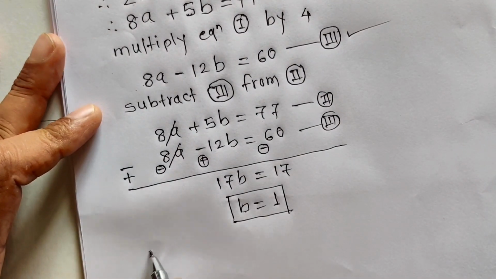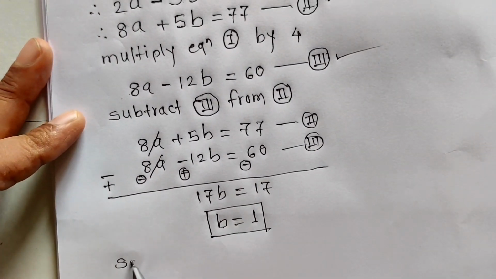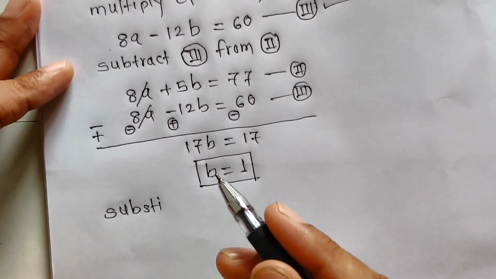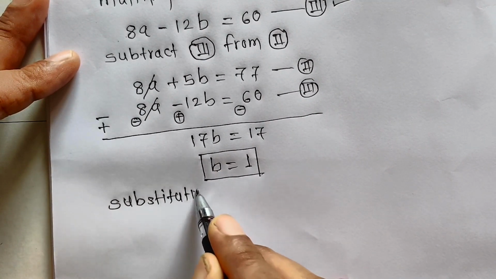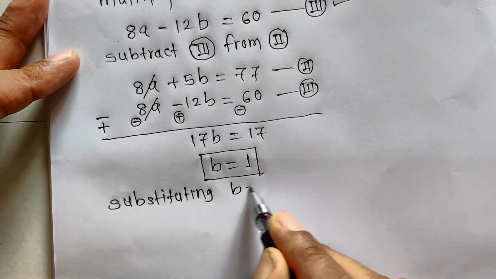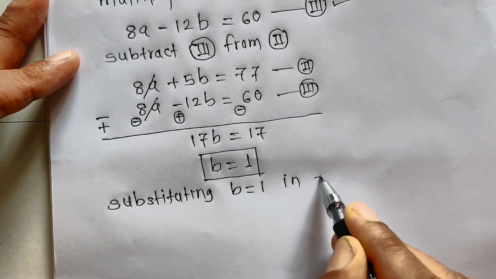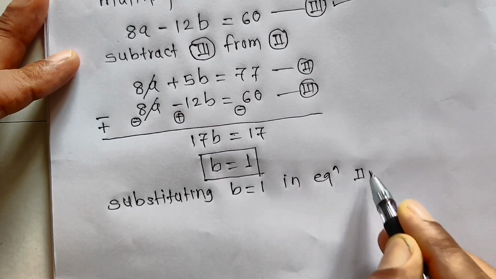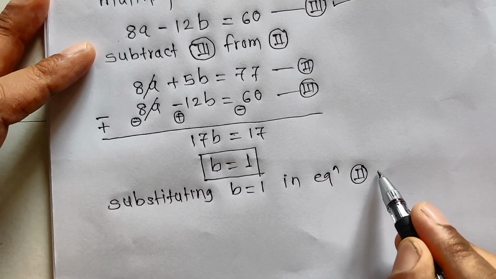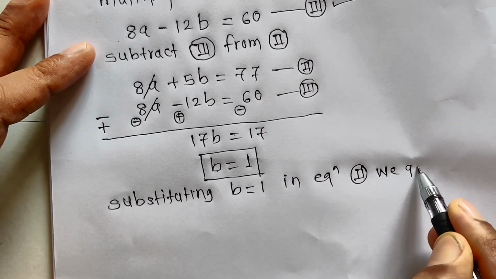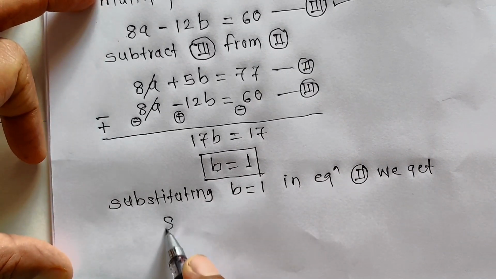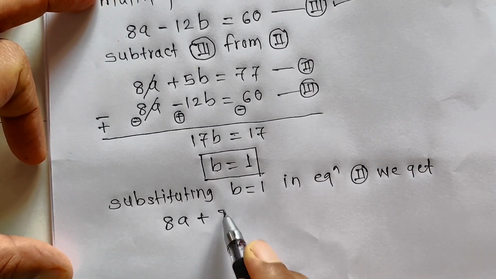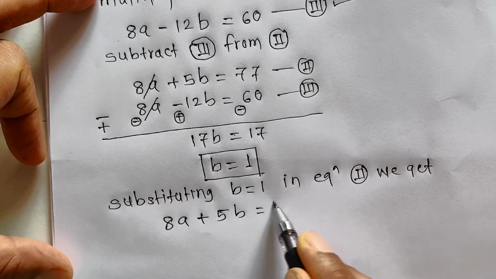So substituting b is equal to 1 in equation 2, first rewrite that equation 2, 8a plus 5b is equal to 77.